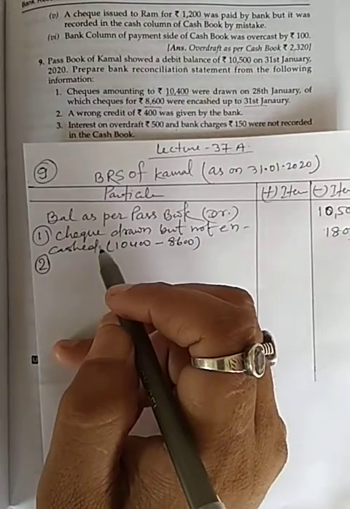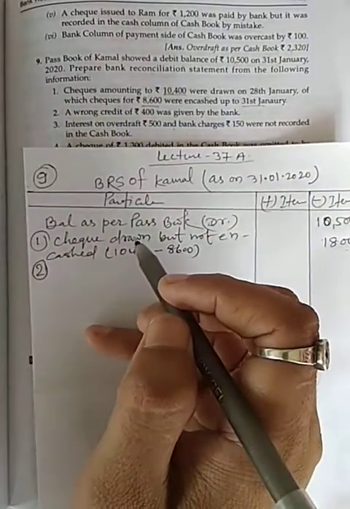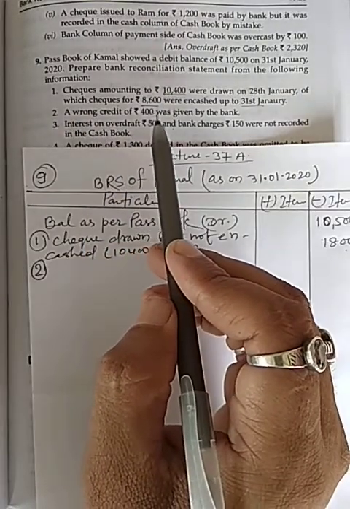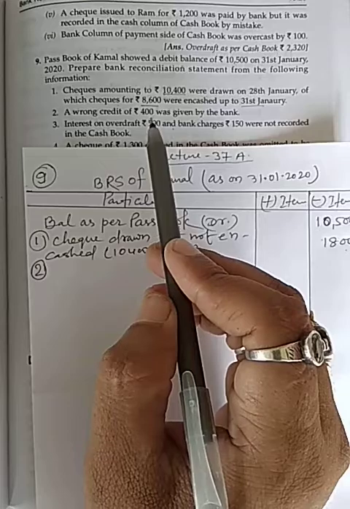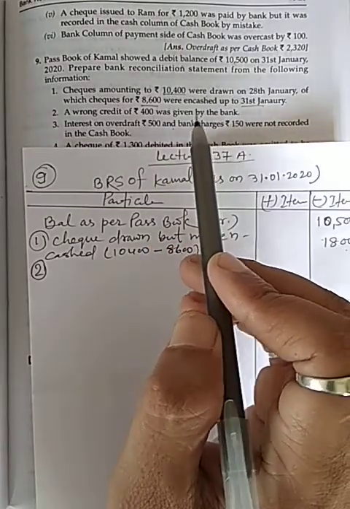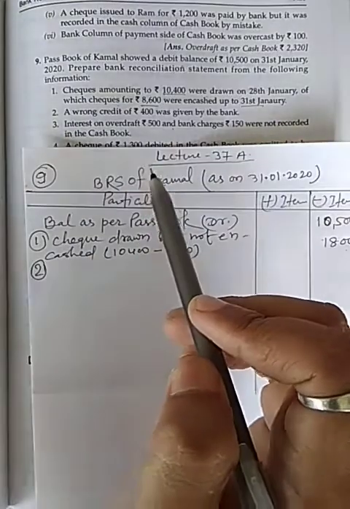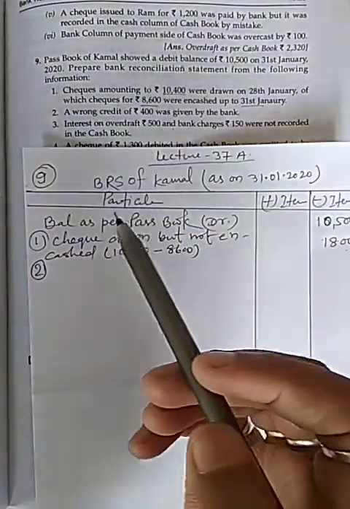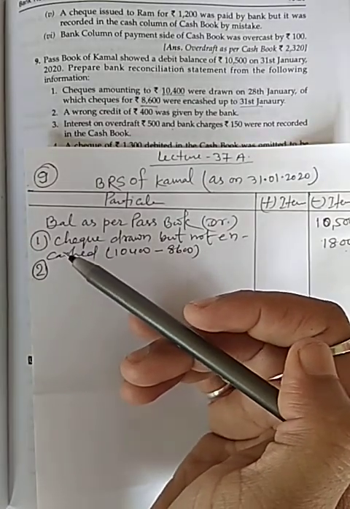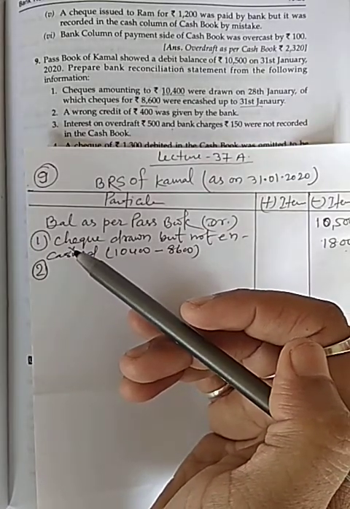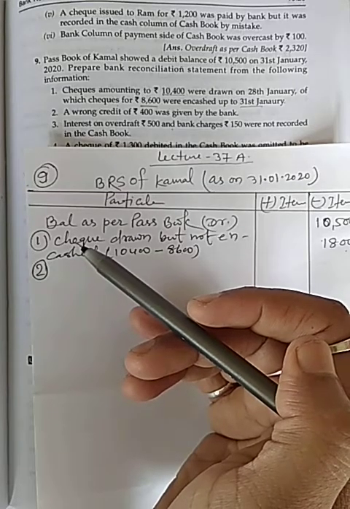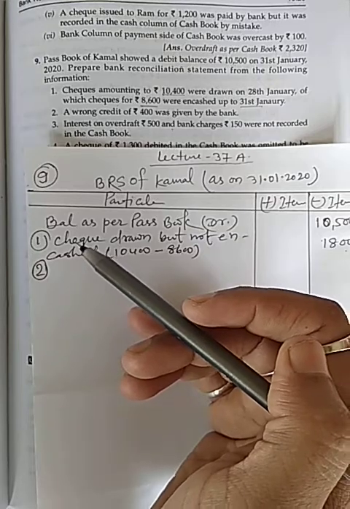Now student, second point. Second point is saying a wrong credit of 400 was given by the bank. So a wrong credit given by bank, then our passbook will increase. In this case, we have also increased to our cash book.